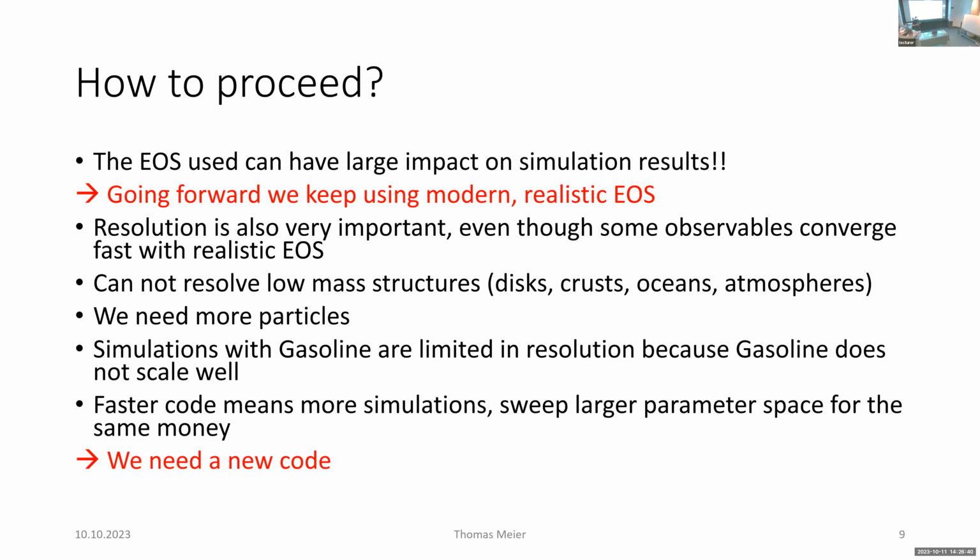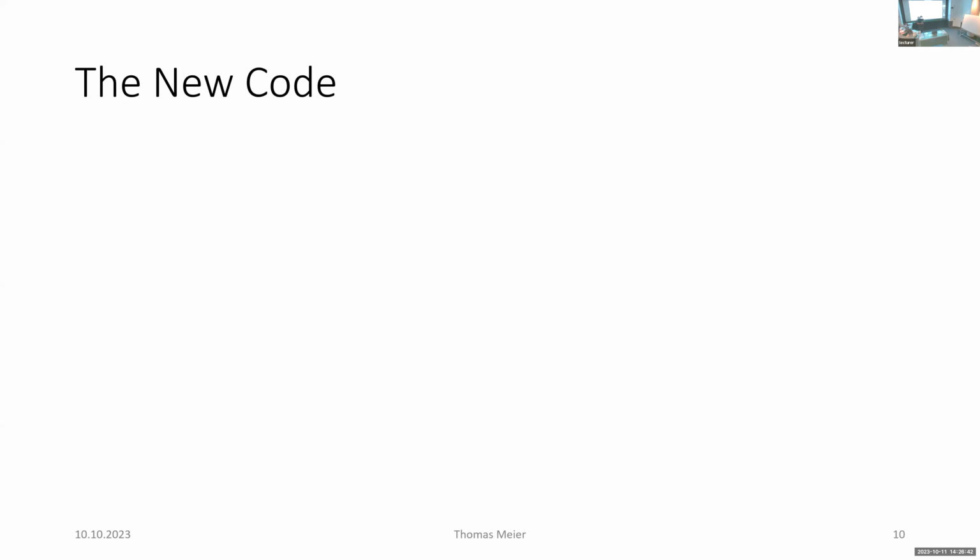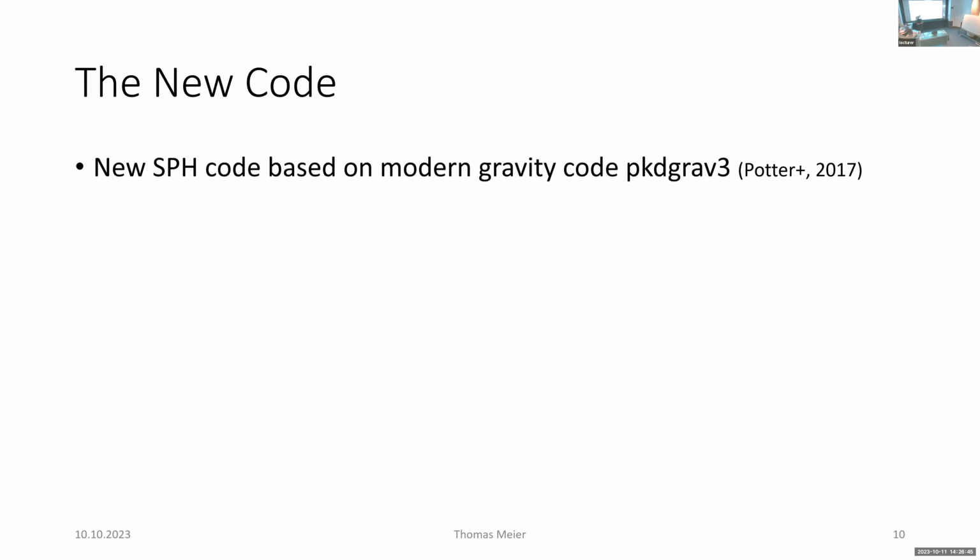So I did that. What I did is I used this code, PKDGRAV3, that was developed based on Joachim's whole career, and the newest state was developed by Doug Potter in 2017 as a cosmology code to do dark matter simulations.